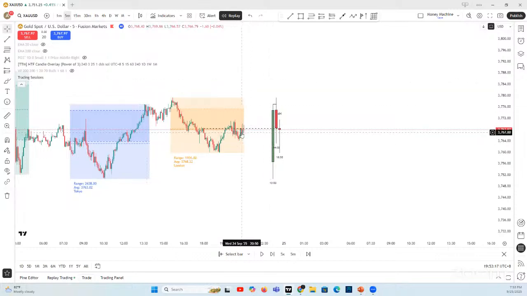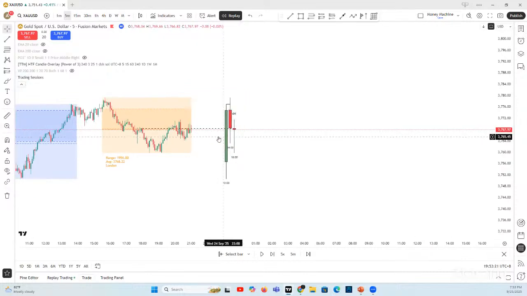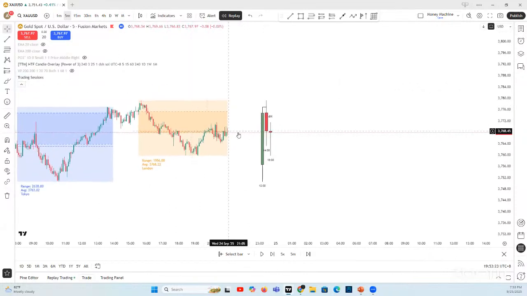Last night, I was watching this price action exactly around this time. 2100 is what? 9 o'clock, right?